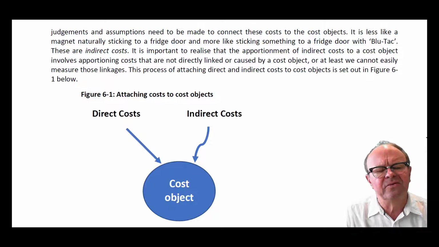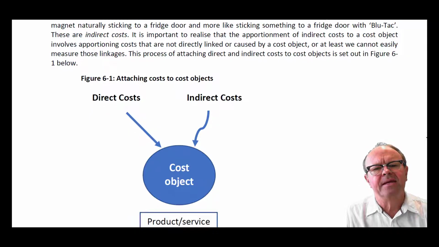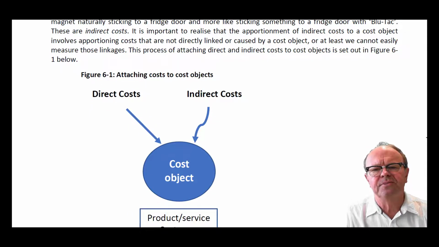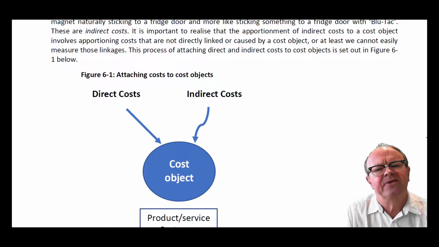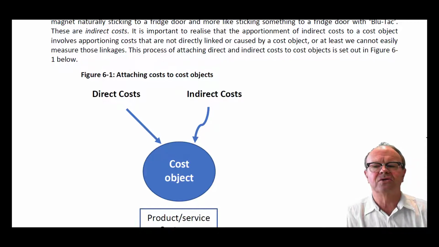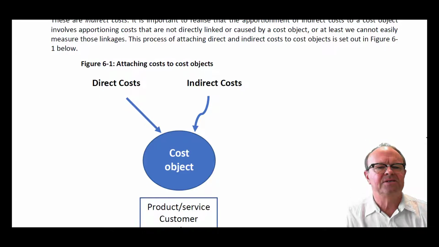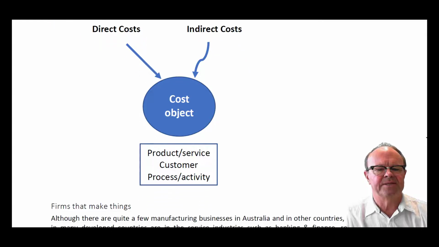These are indirect costs. It is important to realise that the apportionment of indirect costs to a cost object involves apportioning costs that are not directly linked or caused by a cost object, or at least we cannot easily measure those linkages. The process of attaching direct and indirect costs to cost objects is set out in Figure 6.1 below. Figure 6.1, attaching costs to cost objects.